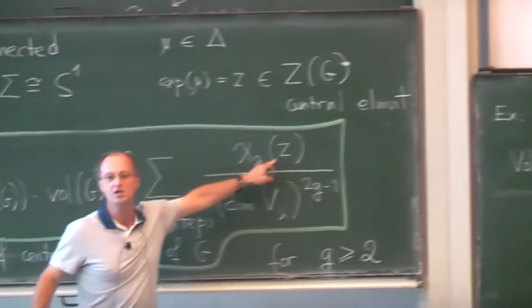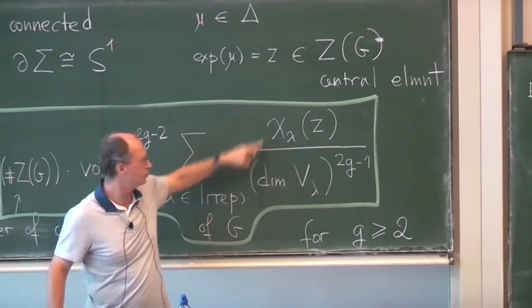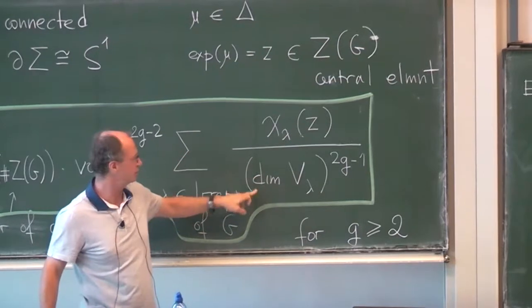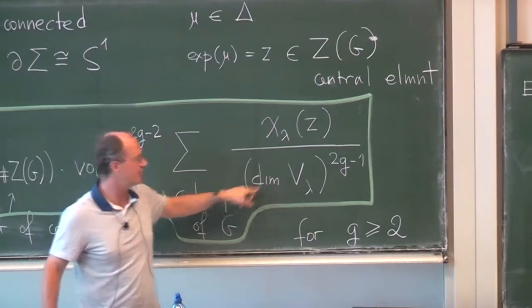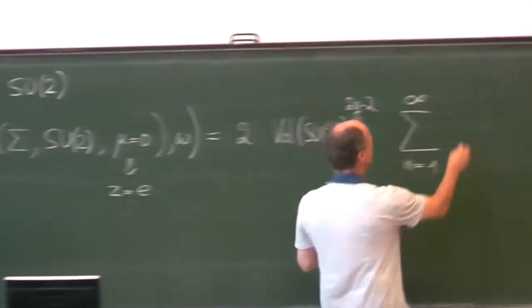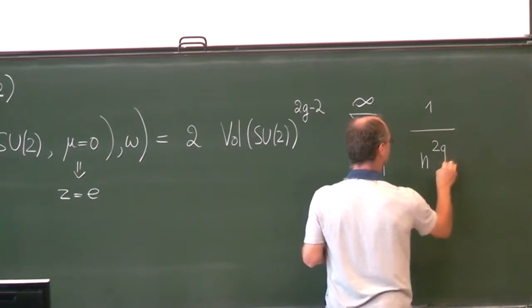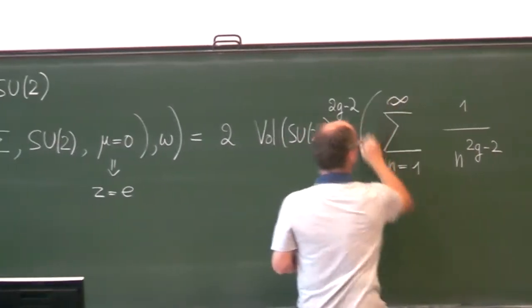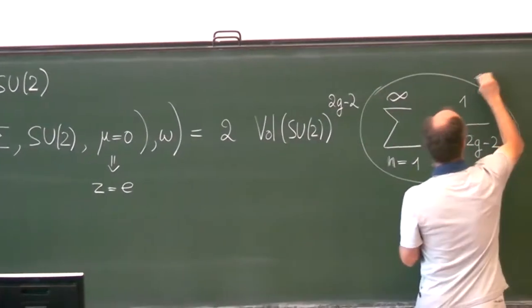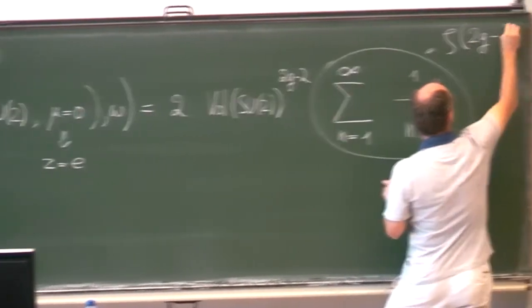And if I put z equal to the group unit, the character also becomes a dimension, so there would be a partial cancellation. In the denominator, I will have a dimension to the power 2g minus 2, so it will be 1 over n to the power 2g minus 2. This is just the zeta value at the point 2g minus 2.